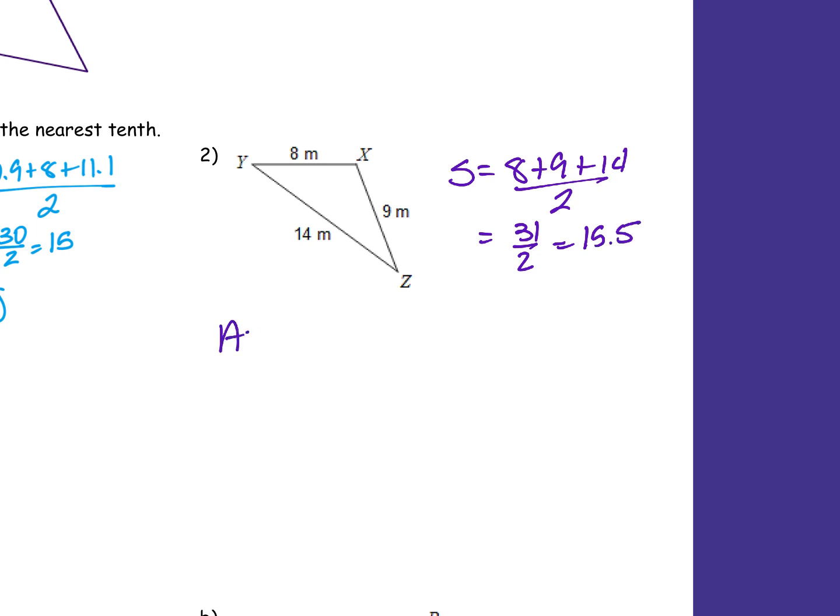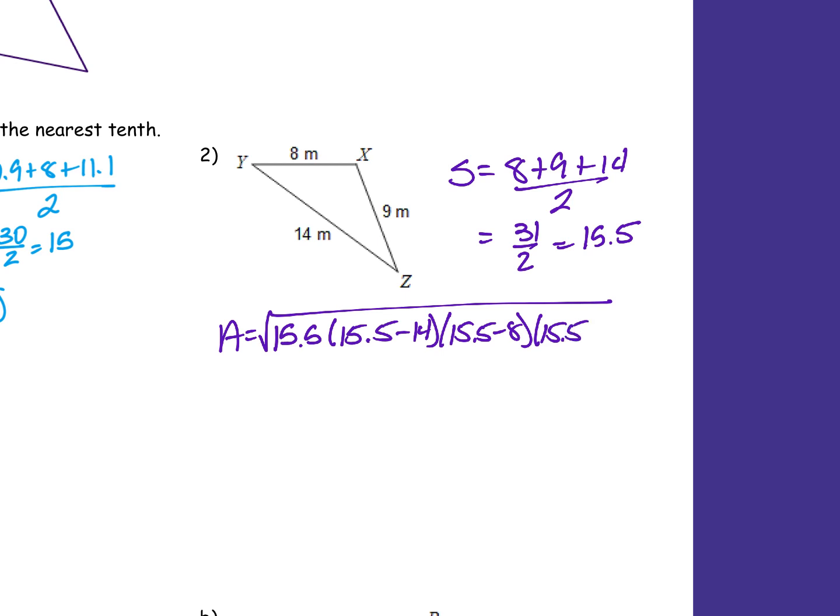So my area is going to equal the square root of 15.5 times 15.5 minus 14 times 15.5 minus 8 times 15.5 minus 9. That gives 33.7 meters squared.